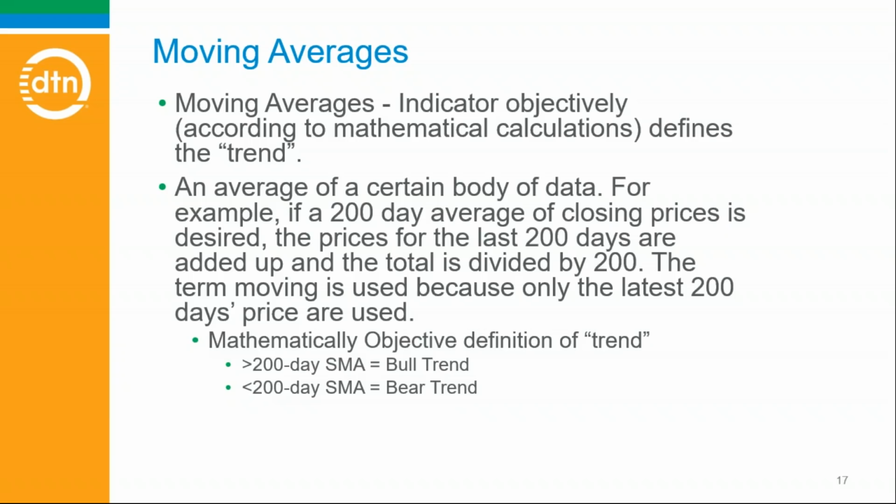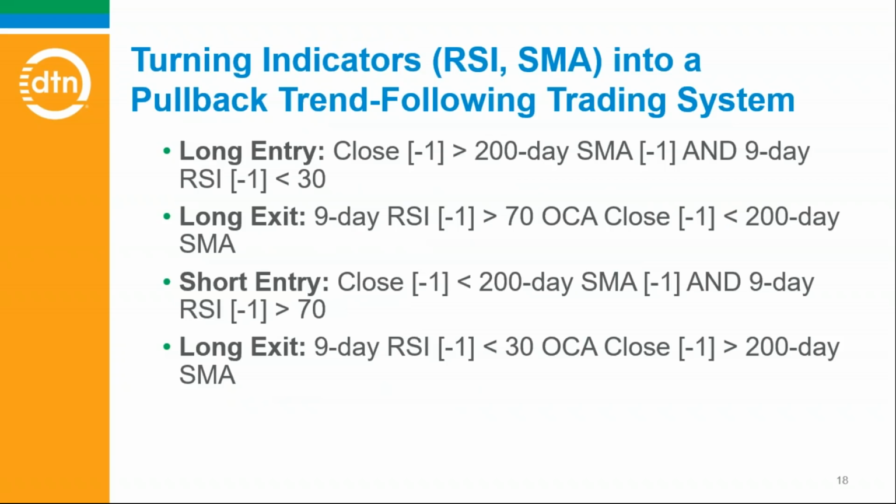Below the 200-day moving average, bear market. And then let's turn these indicators, RSI and the simple moving average, into a complete trading system. So we're going to do that with these rules.